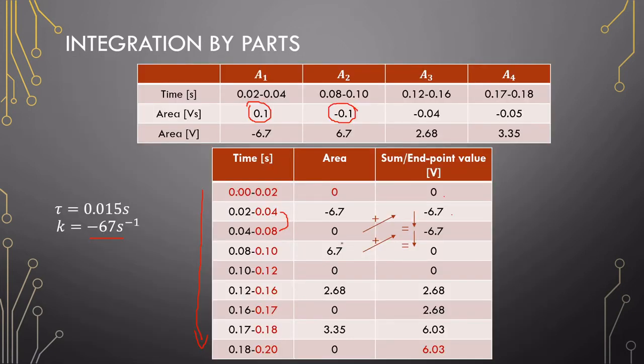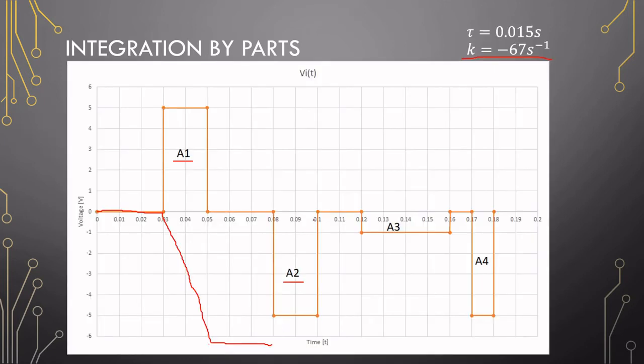Okay, so up until this point it would remain constant, and then we have a positive area of 6.7. So 6.7 minus 6.7 would result in a 0. Okay, so this signal should go down to 0 from 0.08 to 0.1 seconds. Okay, so in this time frame it should go back down to 0.